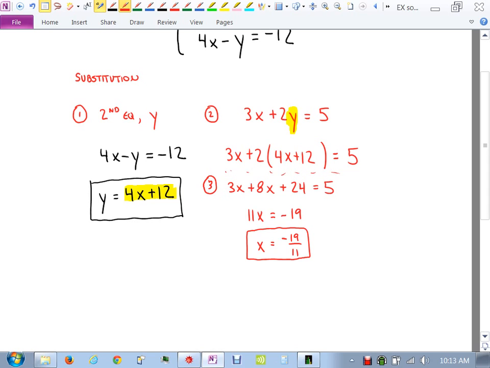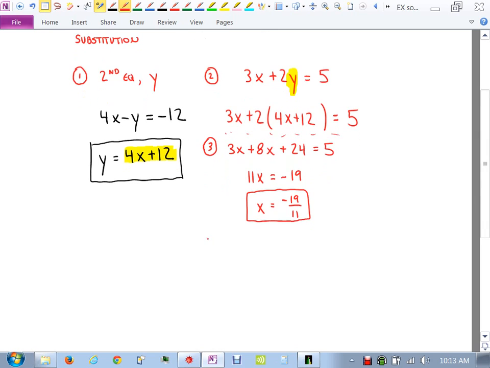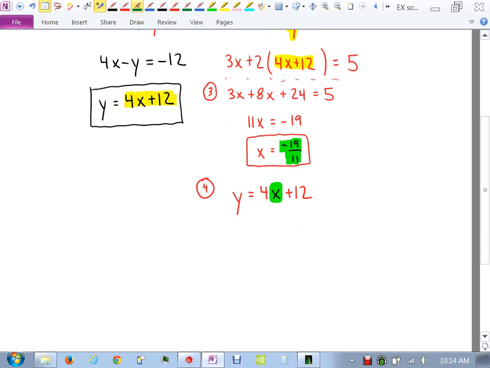But what would the last step be? Plug it into that first equation, y equals 4x plus 12. So I'm going to take y equals 4x plus 12. I'm going to put the negative 19 over 11 right in here for the x. 4 times negative 19 over 11 plus 12.